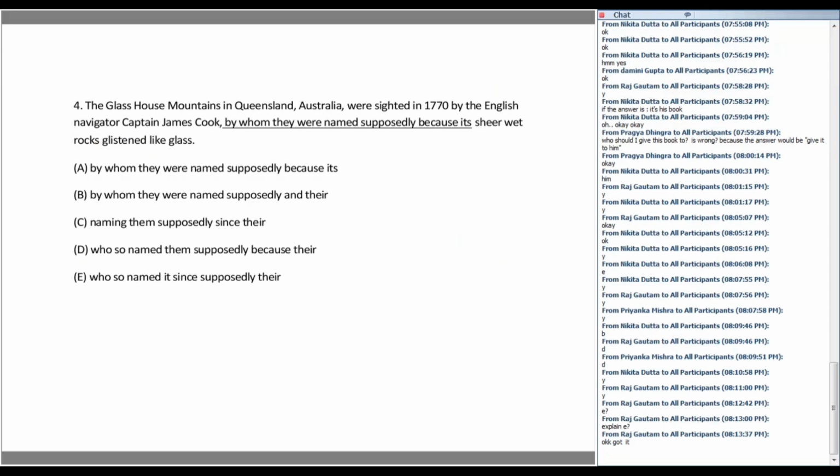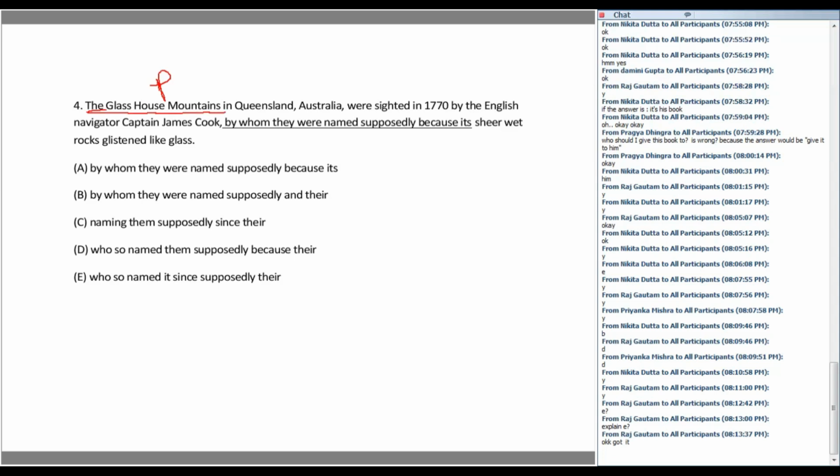Number 4. The Glass House Mountains in Queensland, Australia were sighted in 1770 by the English navigator Captain James Cook, by whom they were named supposedly because its sheer wet rocks glistened like glass. What is wrong? Whose rocks are these? The rocks are the rocks of the Glass House Mountains, plural.